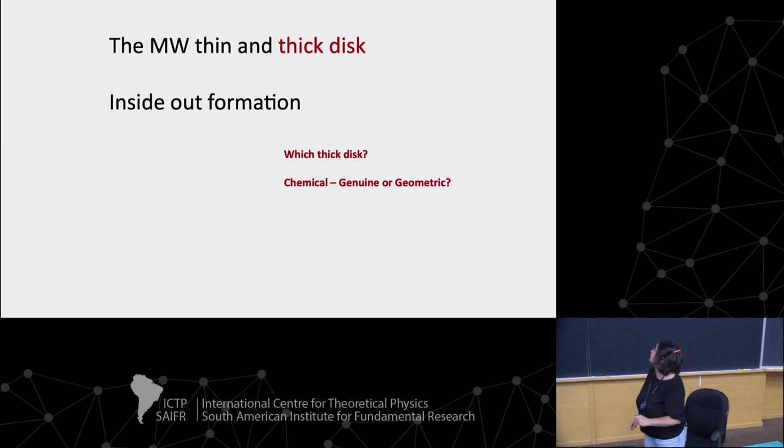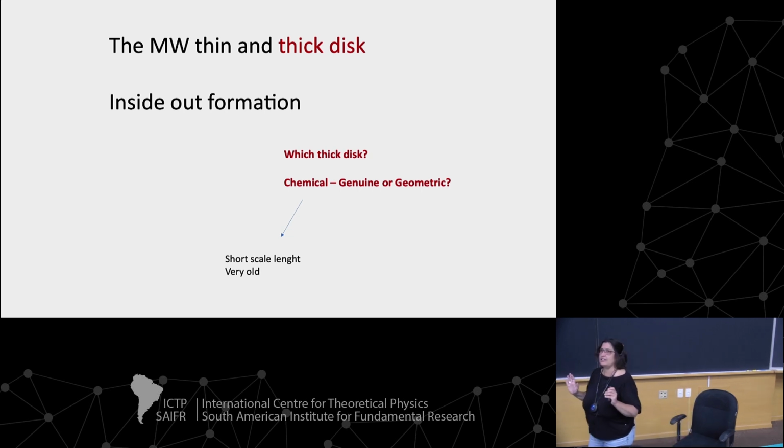What can we see? Let's look at the Milky Way thick and thin disk. First thing, if you go to a Galactic Archeology conference and you say the thick disk, that is not enough. You're going to have to tell which thick disk.